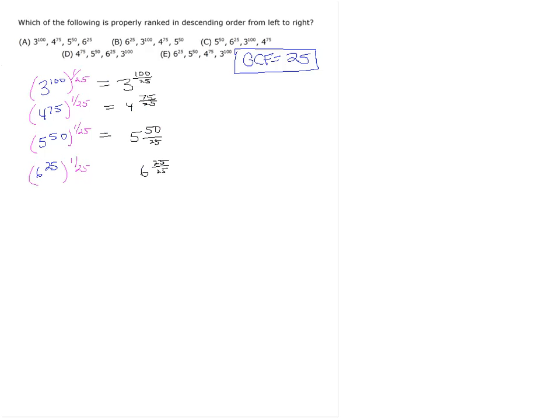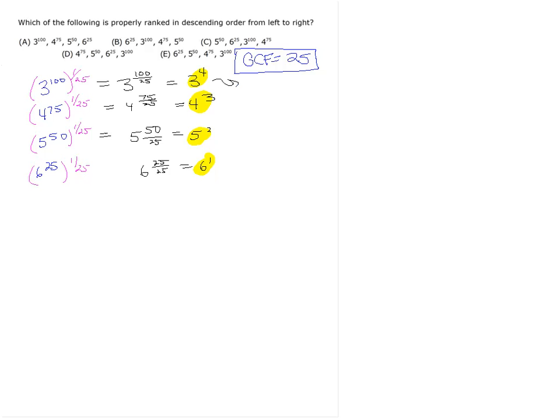Really simple now. This is 3 to the 4th. This is 4 to the 3rd. This is 5 squared. And this is 6 to the 1. At this point, guys, these numbers are really manageable. These are obviously all numbers that we can work with. Pretty easy, right?